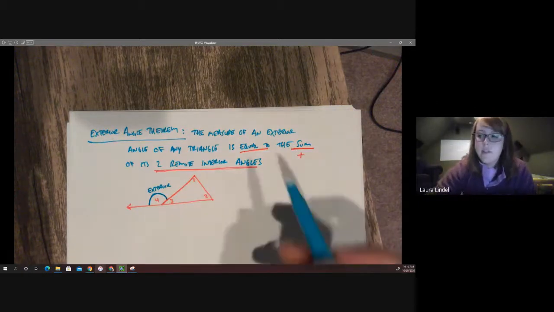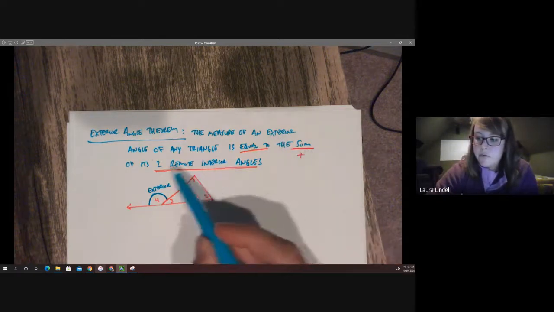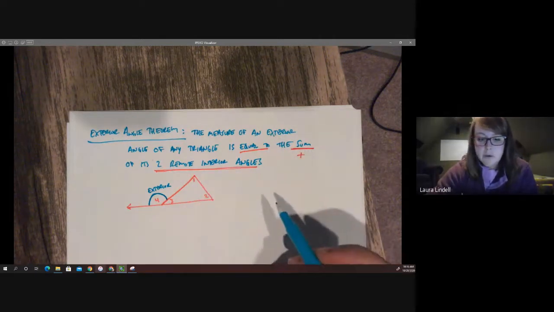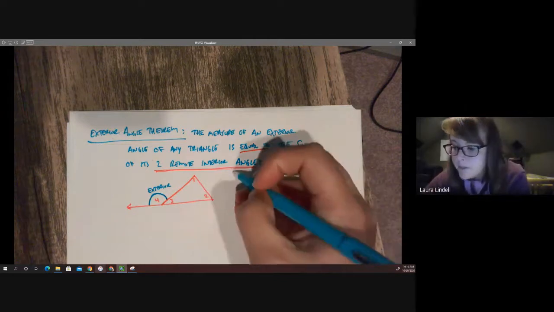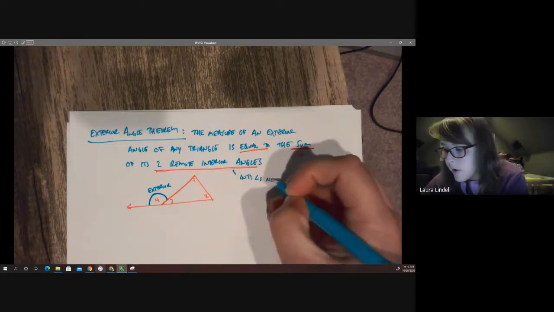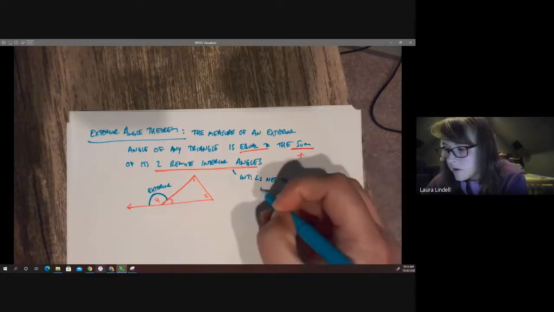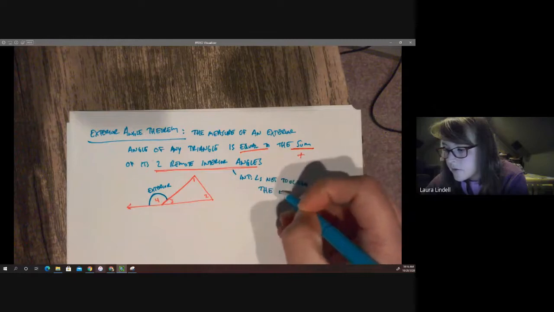And we're saying that an exterior angle is equal to the sum of its two remote interior angles. So remote interior angles means it's the interior angles not touching the exterior angle.